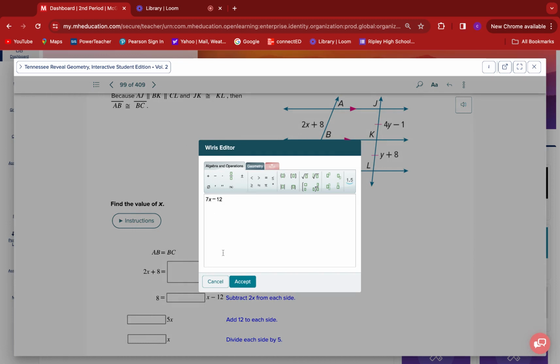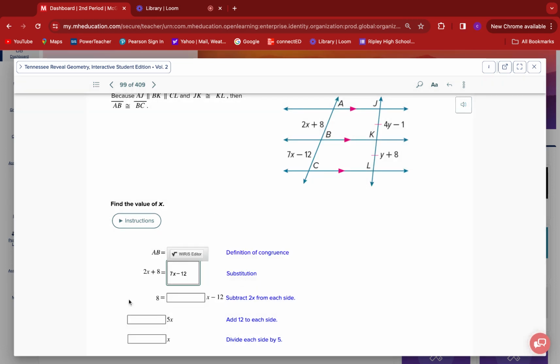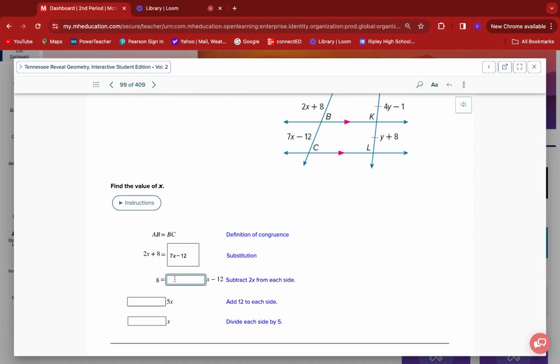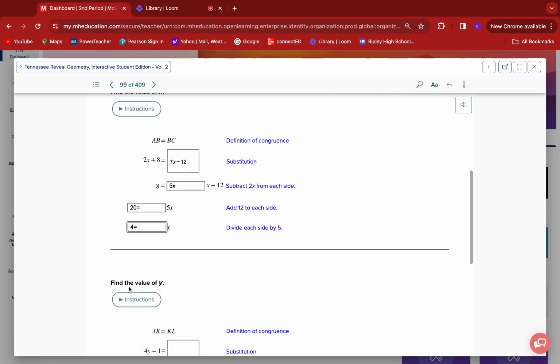Looks like they subtract 2x to the other side. 7x minus 2x is 5x. Then they're going to add 12 to the other side, and that means that 8 plus 12 is 20 equals 5x, and the opposite of multiplying by 5 is to divide by 5, and 20 divided by 5 is 4. We got x equals 4.